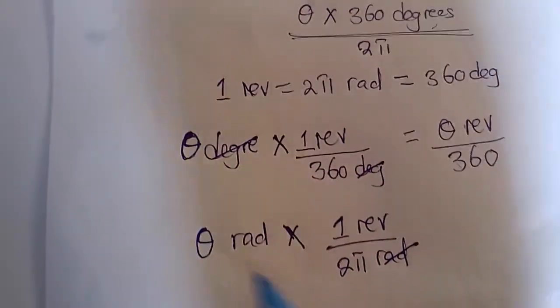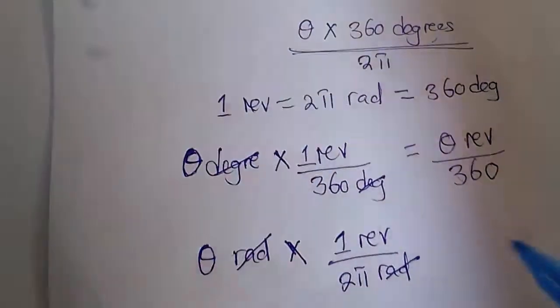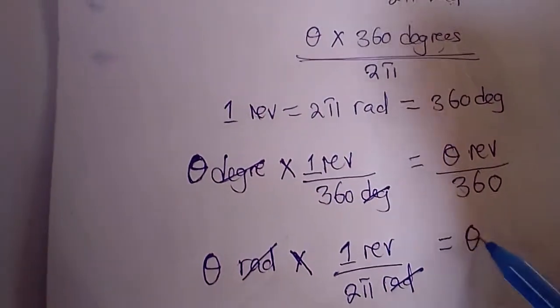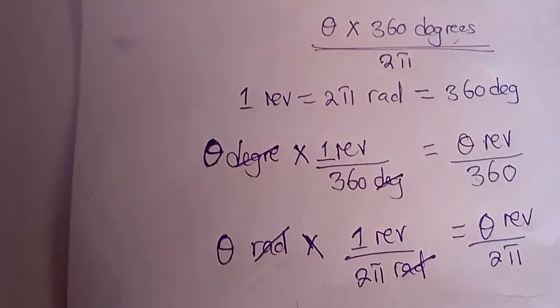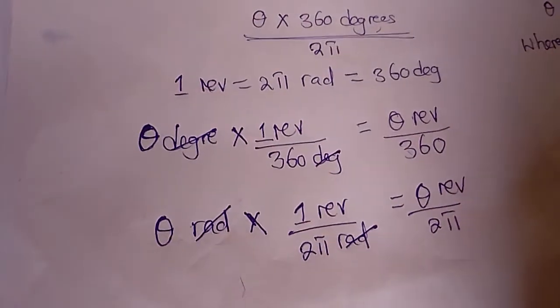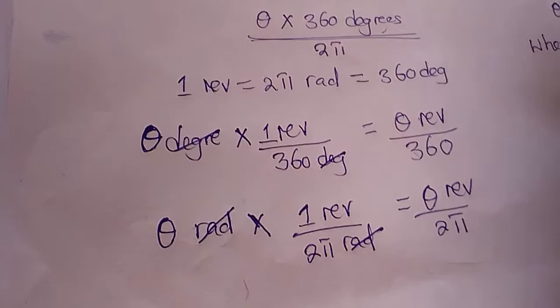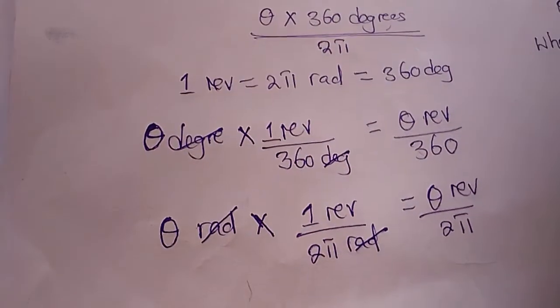So the radians will divide through with the radians, and I'll have theta revolutions divided by 2 pi, right? That way I have converted from degrees to revolutions and from radians to revolutions.